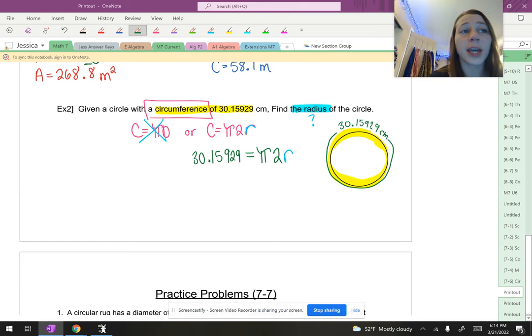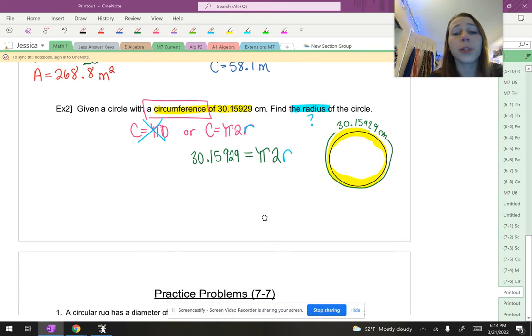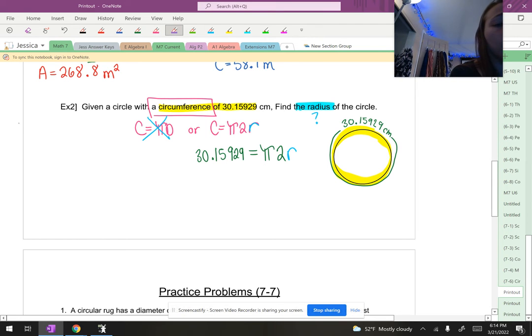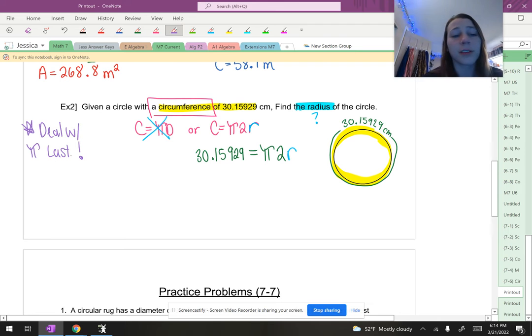All right, so again, important here, when we're dealing with pi, you always want to deal with the pi last. Deal with pi last. Don't deal with the ugly decimal until the very, very end. It'll make your life a lot easier.